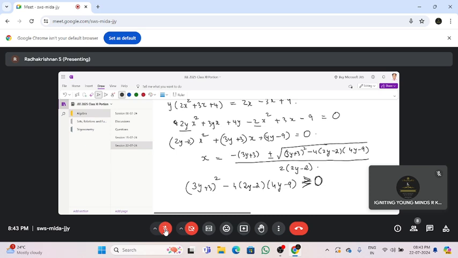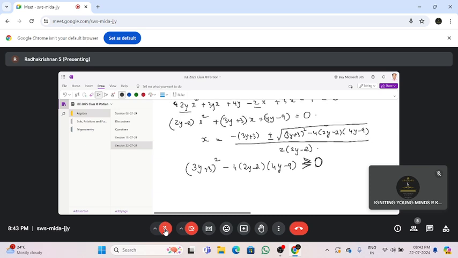So you get an expression in y which is greater than or equal to 0. By solving this, you can get the values of y. Because it is an R to R mapping, this has to be greater than or equal to 0.